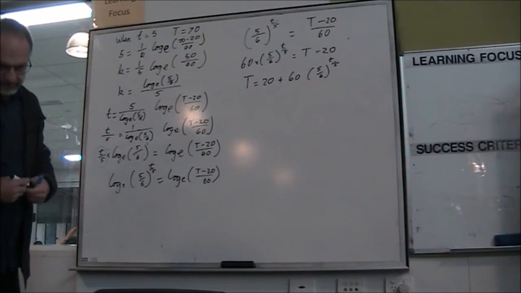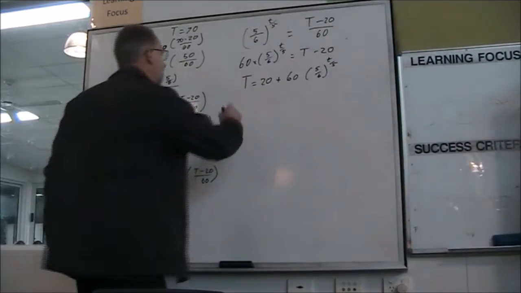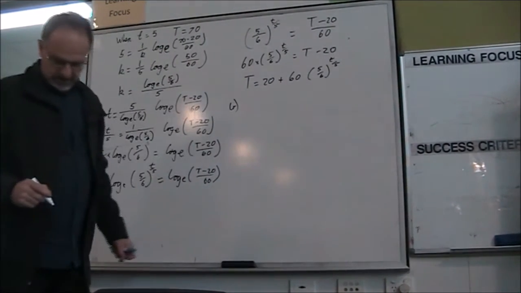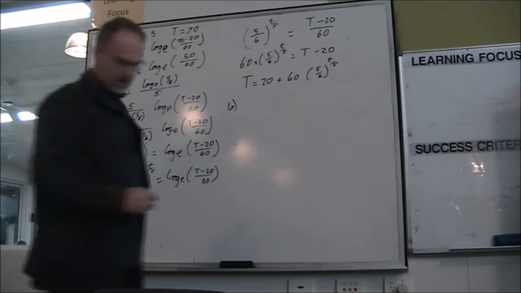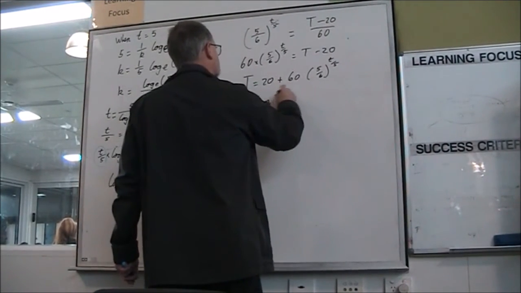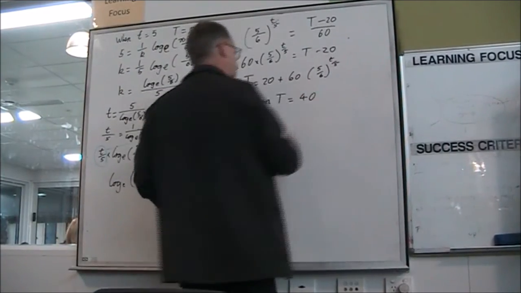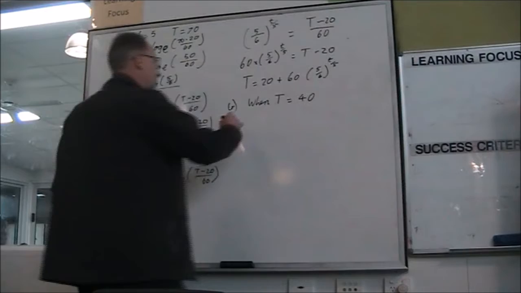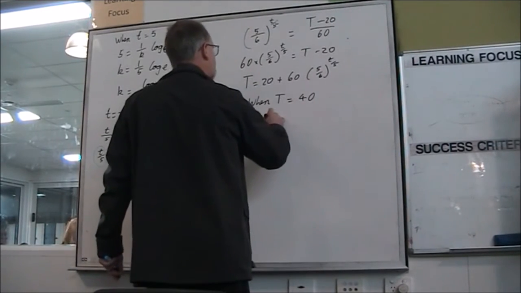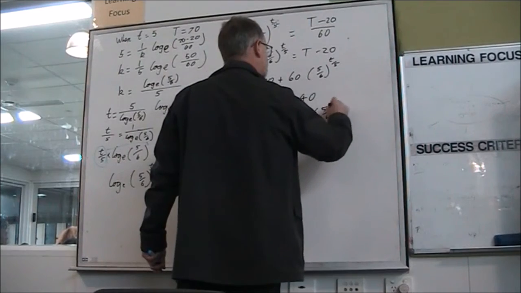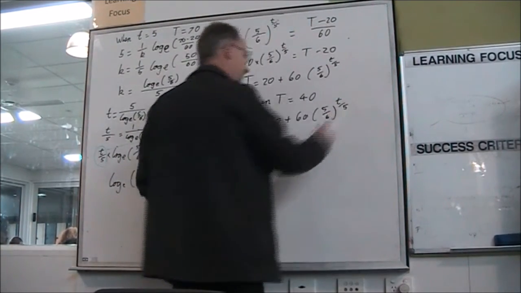All right. And part B says what time when t equals 40. All right, and so that's 40 equals 20 plus 60, 5/6 to the t on 5.